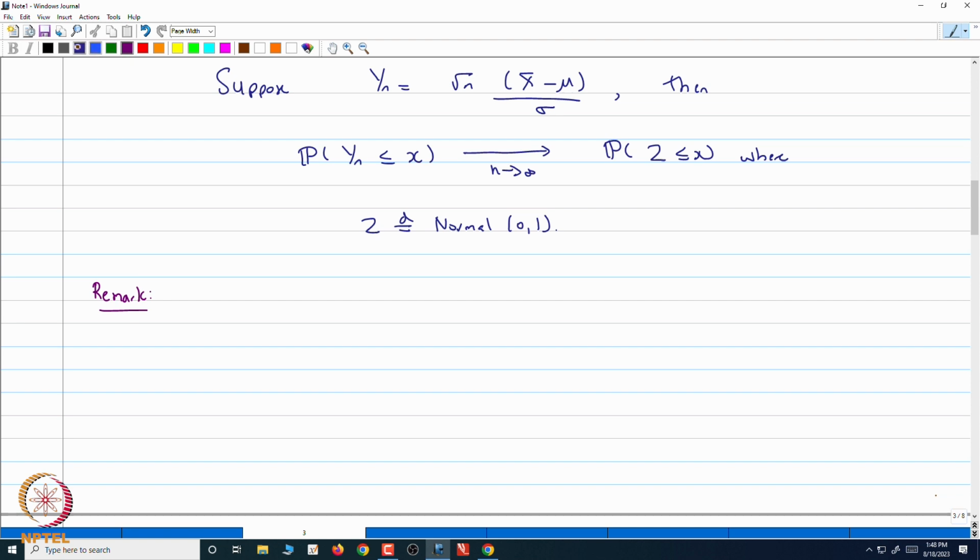So the theorem holds more generally. The existence of the moment generating function is not required. The central limit theorem holds much more generally.